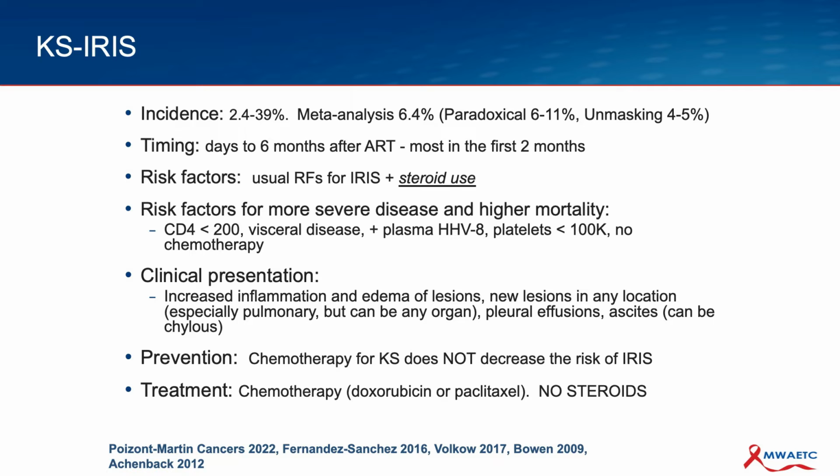Another key risk factor for KS IRIS is concurrent steroid use. So risk factors for more severe disease and higher mortality are low CD4 counts, visceral KS, plasma HHV8 levels that are positive, platelets less than 100,000, and no chemotherapy being administered for the KS.